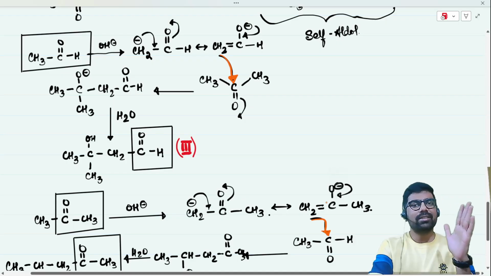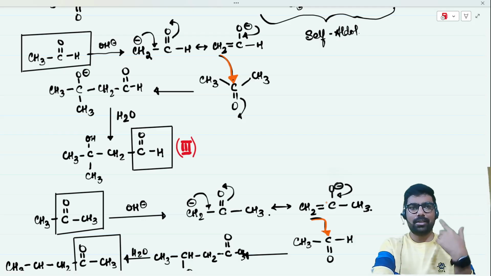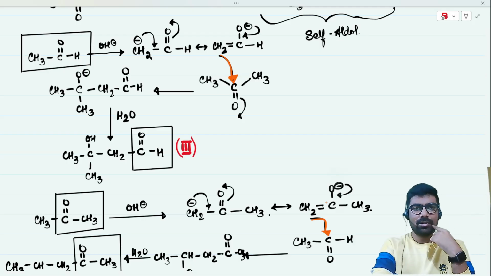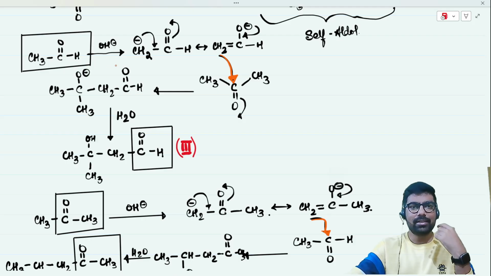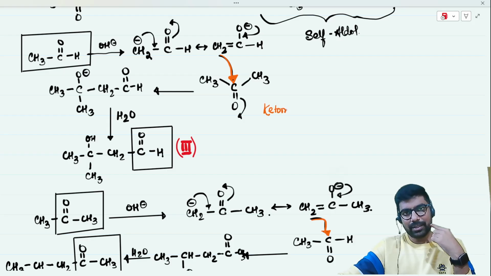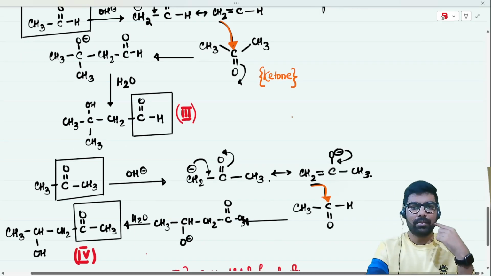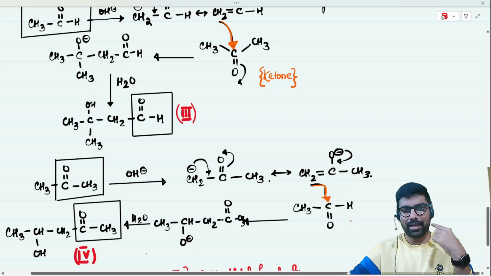Now the one which is less sterically hindered will favor the reaction. Simple logic. Over here the backside attack is taking place on a ketone, whereas in this one, the backside attack is taking place on an aldehyde.